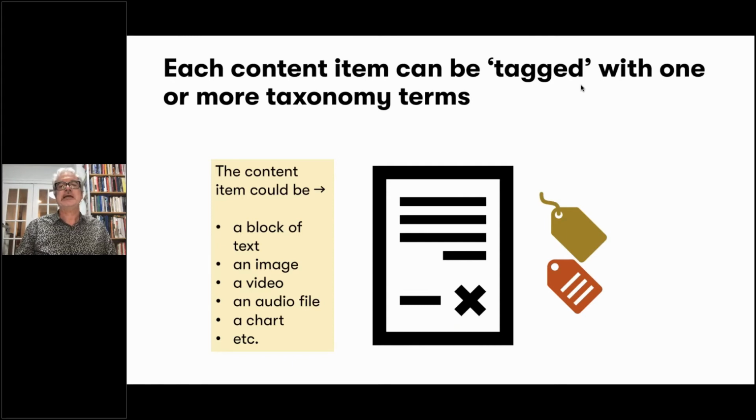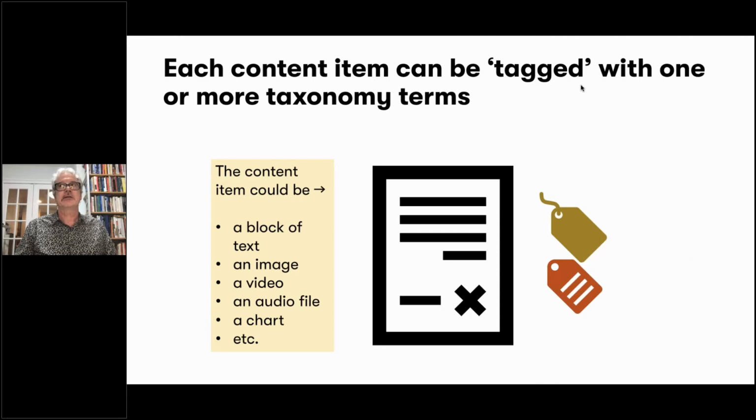So taxonomies are used to tag content items. Now, when I say a content item, I'm not talking about a web page. A web page is made up of content items. But these are the building blocks from which you create a piece of full, complete content that people will see, either a web page or an app or whatever it is.